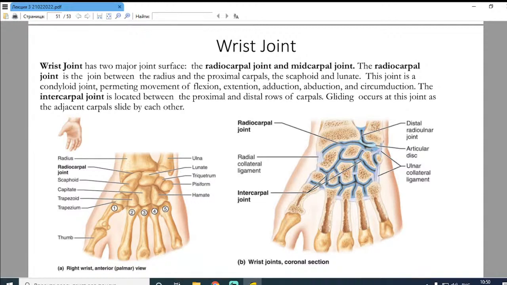The intercarpal joint is located between the proximal and distal rows of carpals. Gliding occurs at this joint, and the adjacent carpals slide past each other.